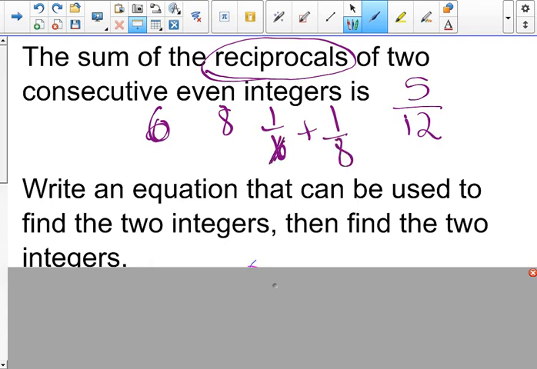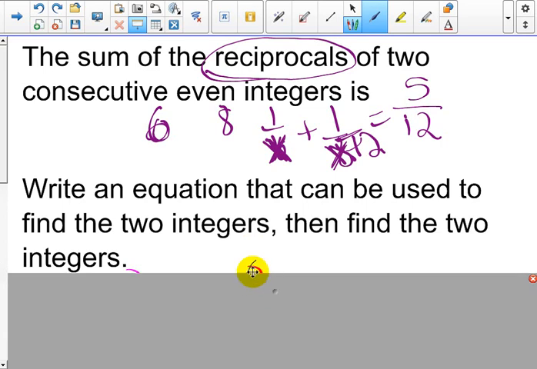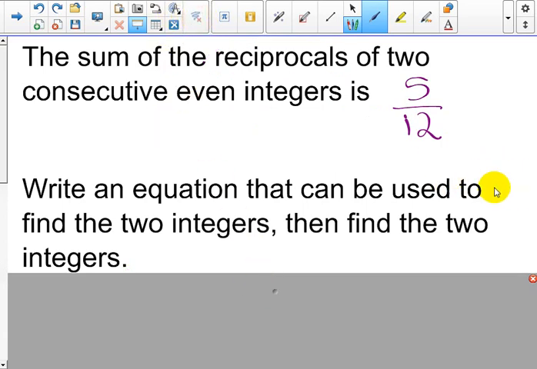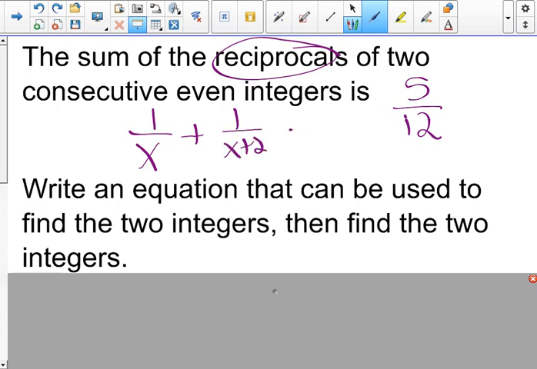So this becomes my x, and this becomes my x plus 2, is equal to 5/12. Does everybody see that? I'm solving it down there. So if I have 1 over x, that represents my first reciprocal. And the next even reciprocal would have to be 1 over x plus 2, is equal to 5/12.